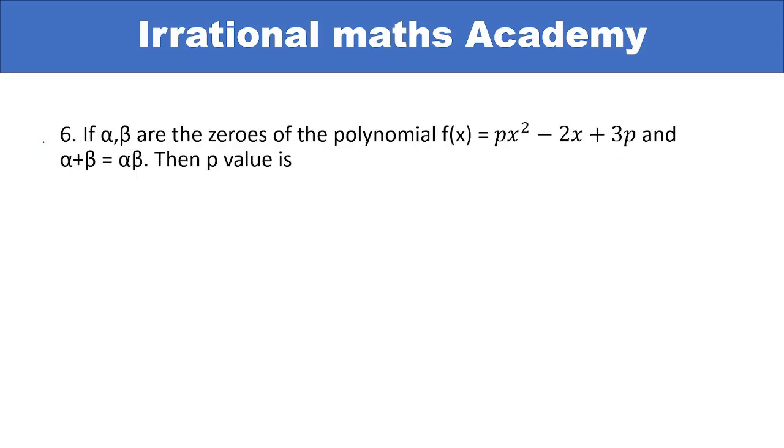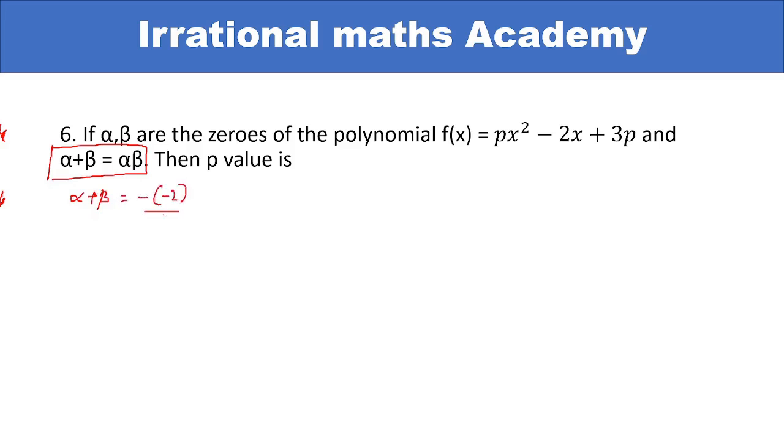Next, if alpha, beta are the zeros of the polynomial and alpha plus beta equal to alpha beta, then find the p value they give. So this is the condition we are supposed to use, and then we have to find out the value. So from here, alpha plus beta value, what I'll get here? Minus minus 2 by p.